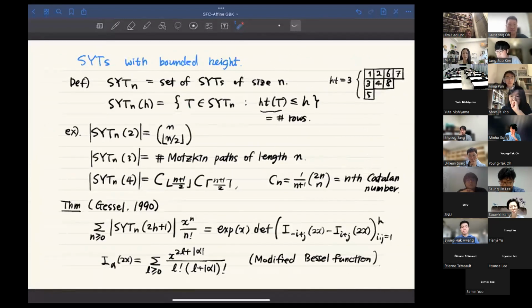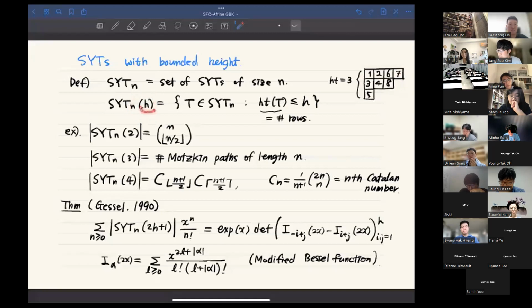And now let's consider standard Young tableau with bounded height, where the height of a standard Young tableau means just the number of rows. So for example, in this standard Young tableau, the height is 3, which is the number of rows. And I'm going to denote by SYT_n^h the set of standard Young tableau of size n whose height is at most h.